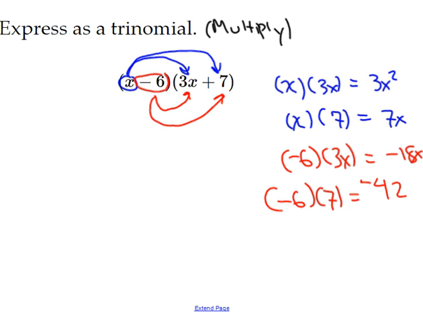So altogether, we get 3x squared. That's a positive 7x, so it's going to be plus 7x minus 18x minus 42. So see, you're going to notice, if it's a positive number, I put a plus sign. If it has a negative number, then it gets the subtraction sign.